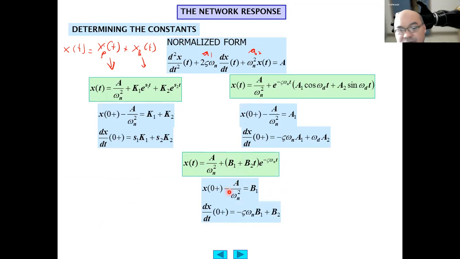To obtain b2, we have to use the initial condition of the first derivative, in which case we obtain minus zeta omega n b1 plus b2.